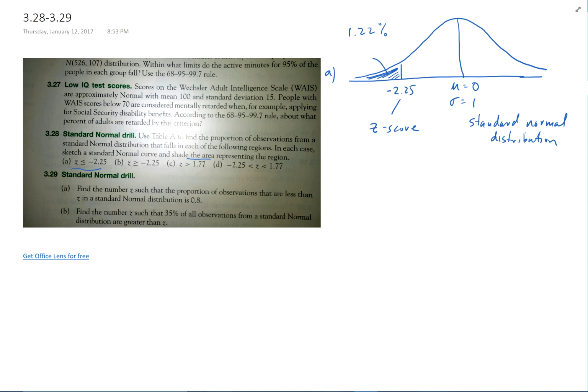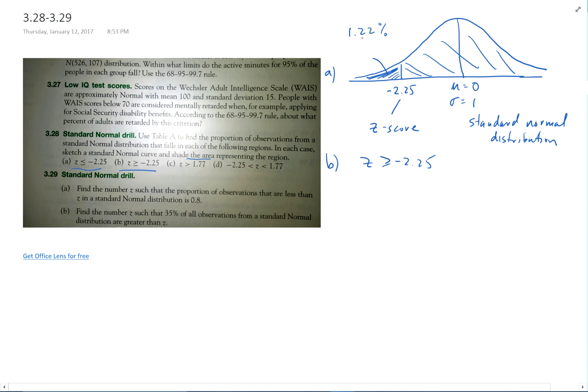Alright, B. Z is greater than negative 2.25. Now, greater than negative 2.25, let me get this out of the way here if I can. Let's see, greater than negative 2.25 is going to be this side over here.